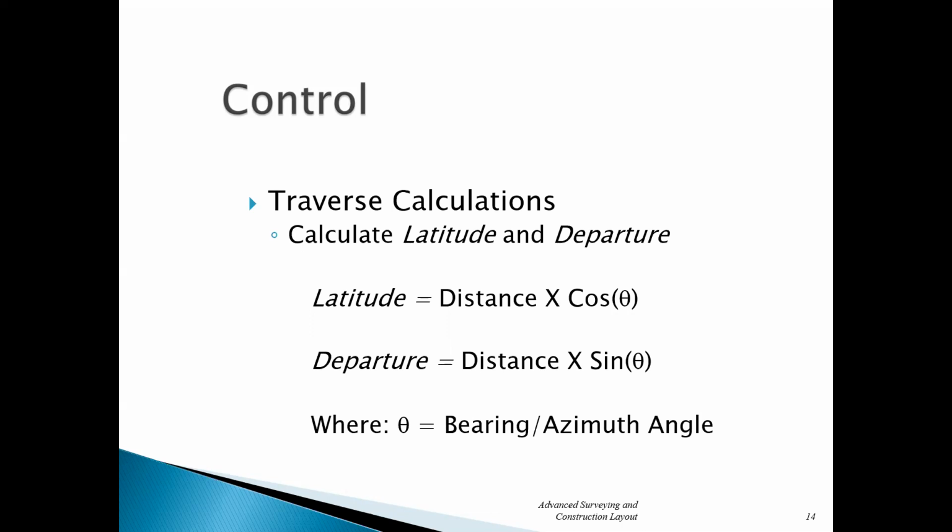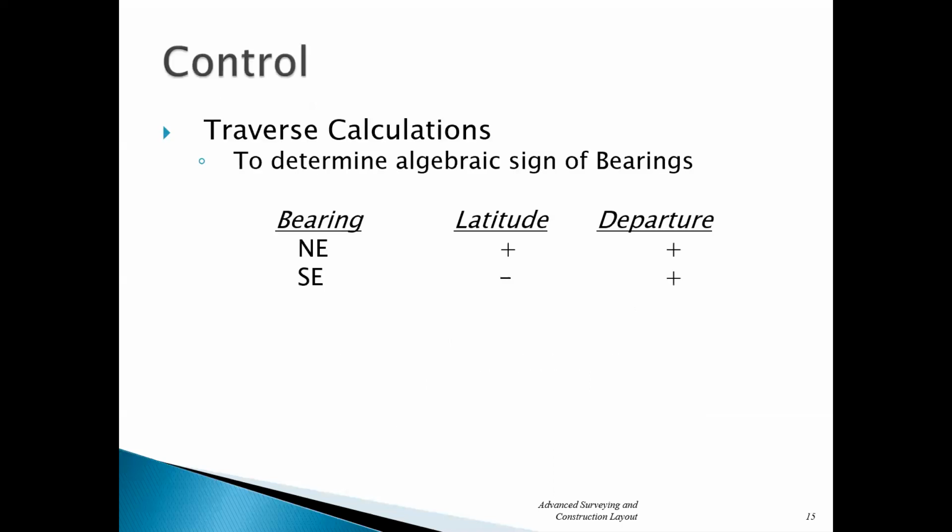And again, if you're using bearings, then you have to assign a positive or negative to your latitude and departure based on the quadrant that you're in. If you use an azimuth angle, the beauty is that your calculator will bring the sign with it. So again, just remember that and think about that.